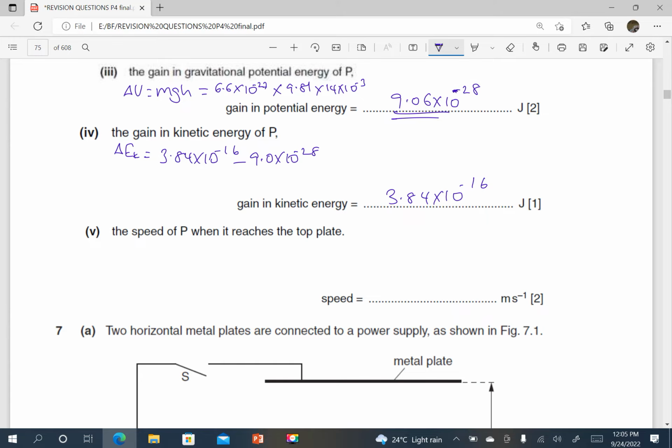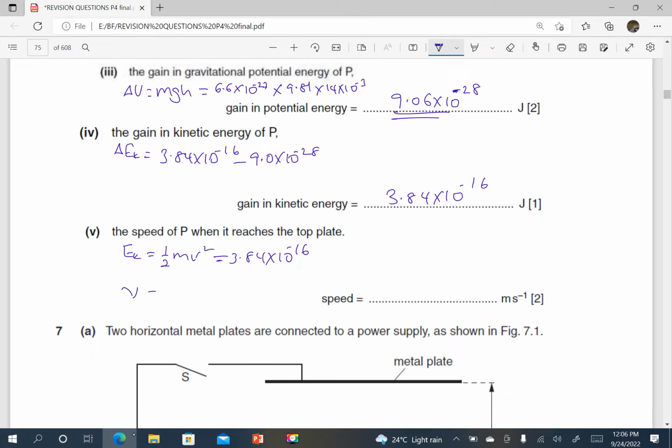Then the speed of P when it reaches the top plate. Now that I have the gain in kinetic energy, I can easily estimate the speed of the particle when it reaches the top plate. So EK is equal to a half mv squared, and this is equal to 3.84 times 10 power negative 16.